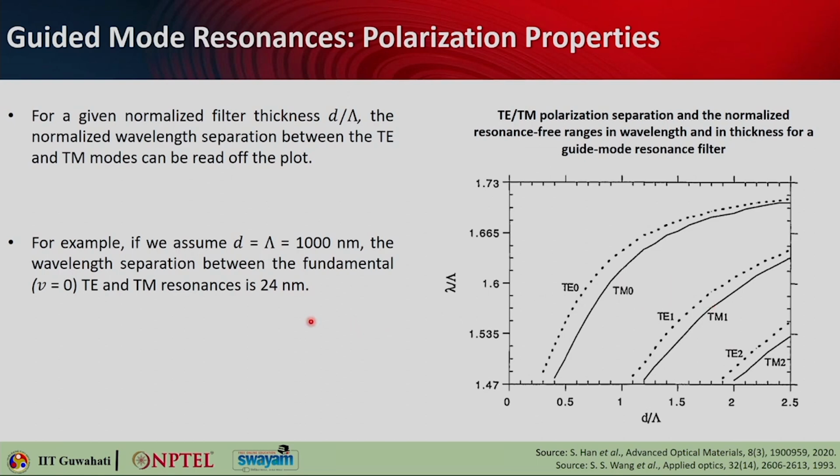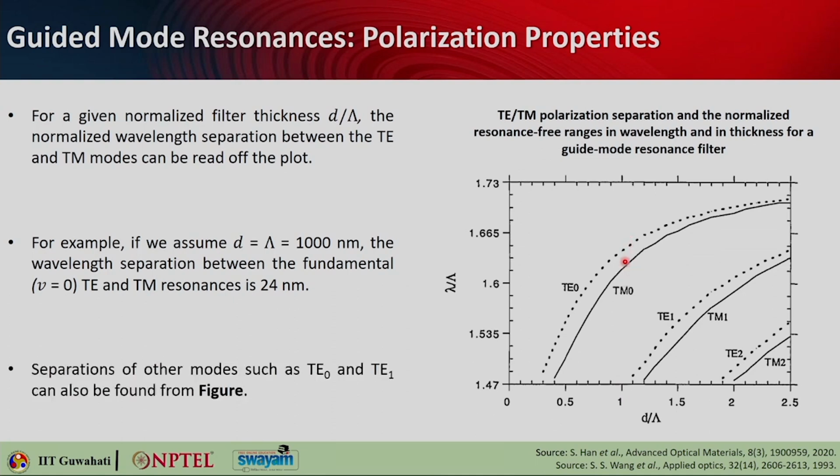So, if you assume that D equals say 1000 nanometer, okay, and you consider the fundamental mode, that is nu equals 0, and the separation between the TE0 and TM0, you will find that the resonances are separated by 24 nanometer. That you can find from this particular graph. Okay.